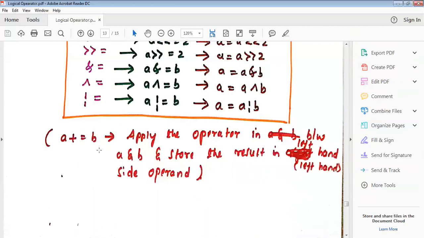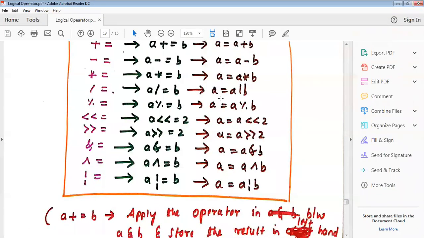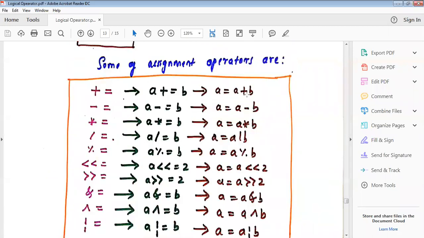So a plus is equal to b. Here I wrote the meaning of the condition. Note down this meaning; you have to write it like this for every condition. A plus is equal to b means a is equal to a plus b.